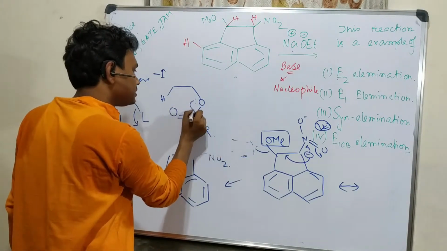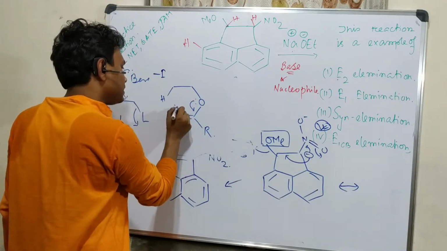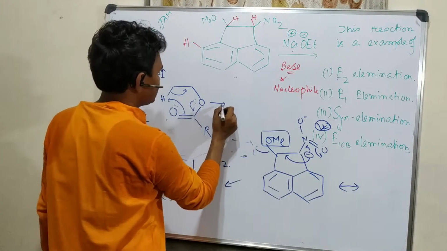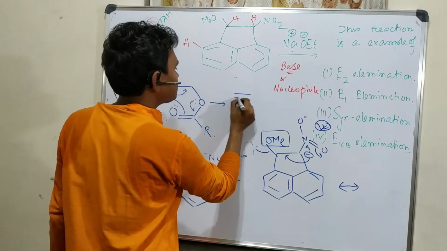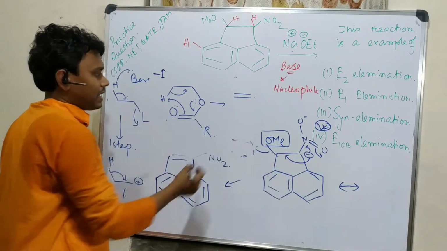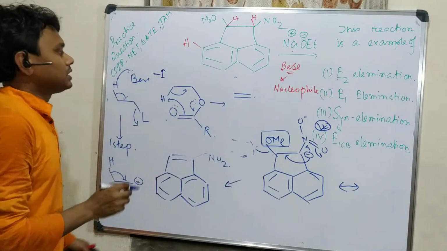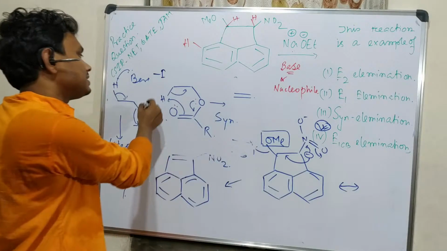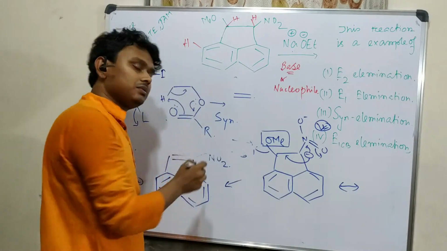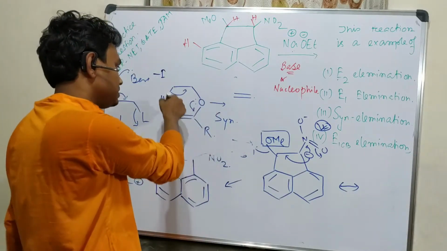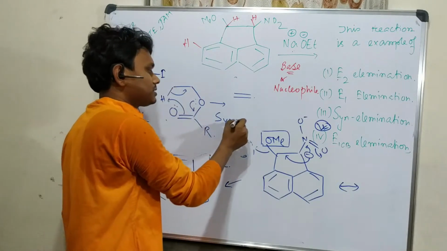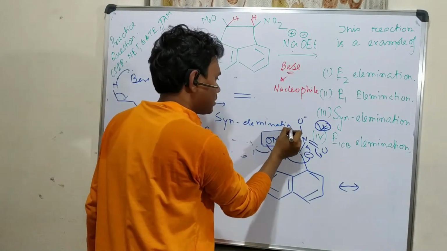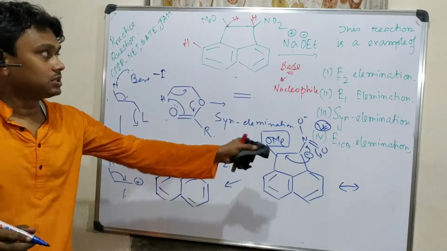So what happens here is that this and this react, and this produces the alkene plus other products. This is syn elimination. You can consider it a pericyclic type reaction, all involved in a cyclic transition state. So I have explained this.